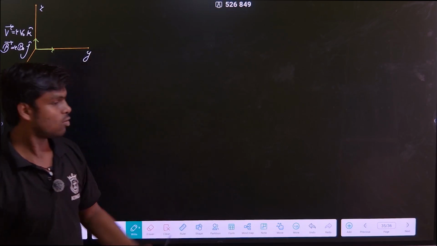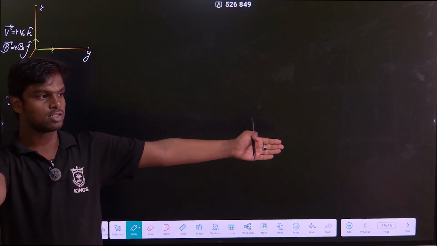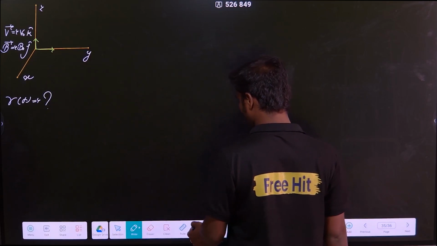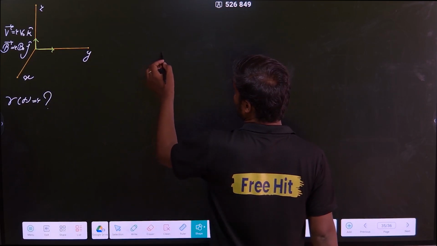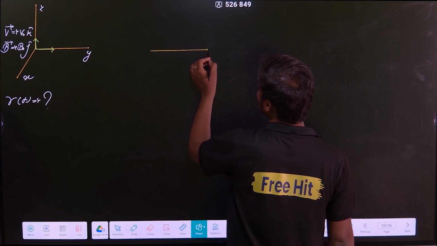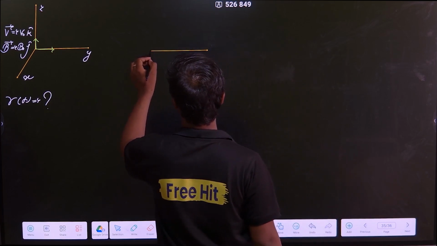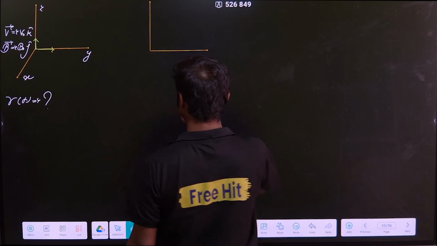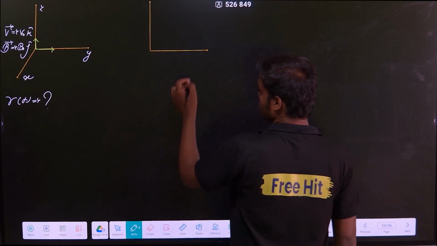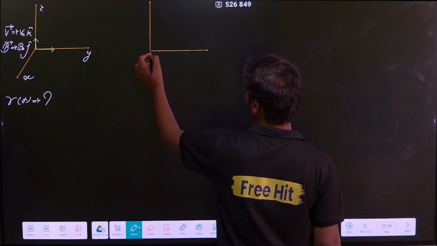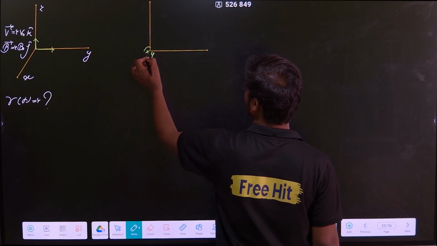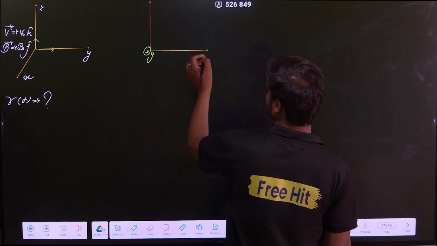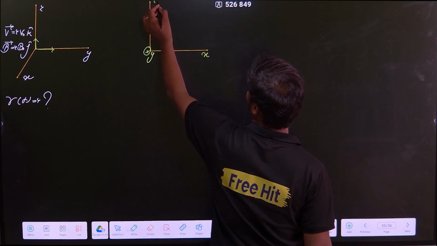This is my y, this is my x, so I can rotate it like this, and I get one vector like this and another like this. Y goes inside, and this is my x and this is my z.